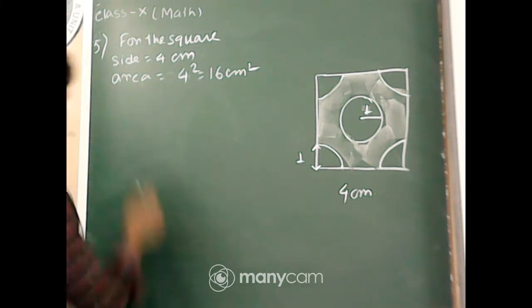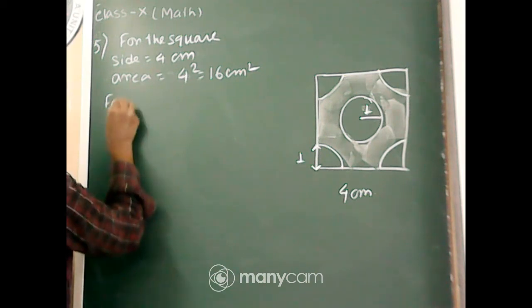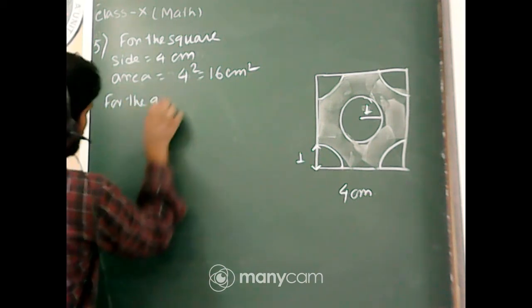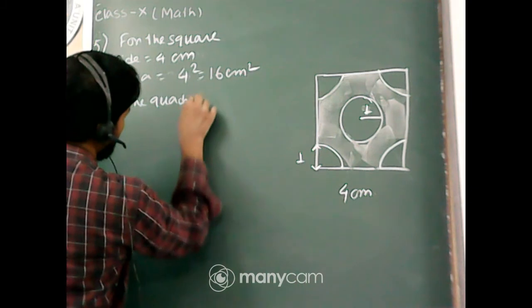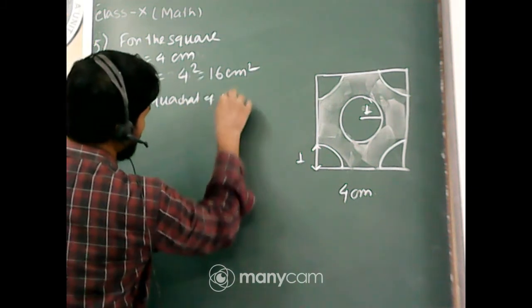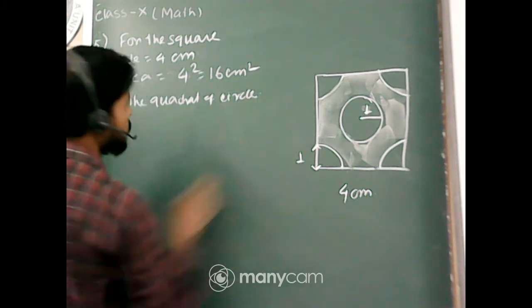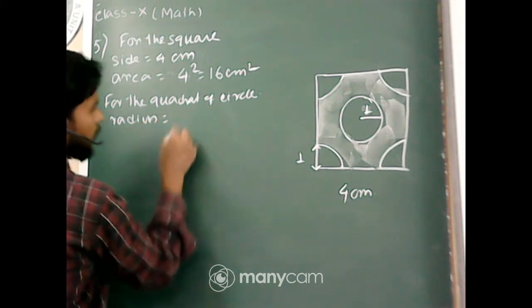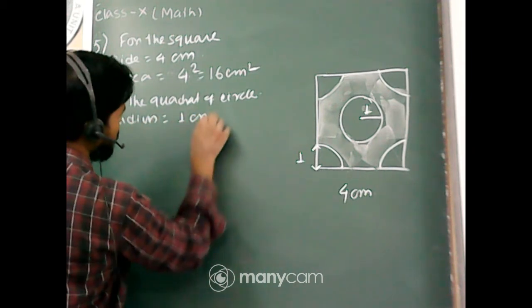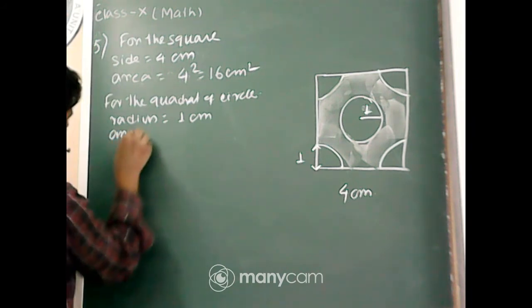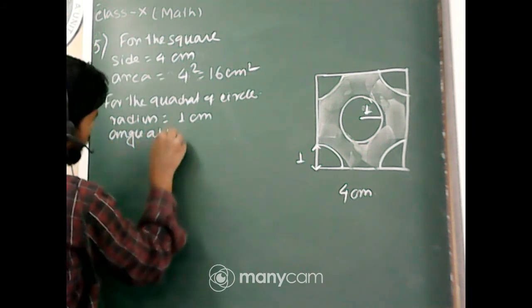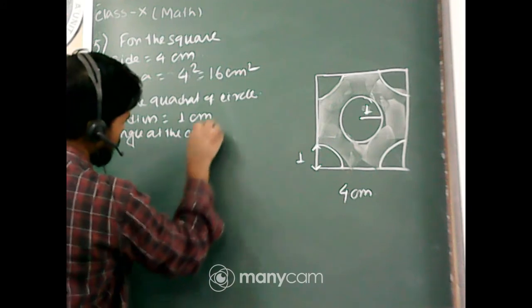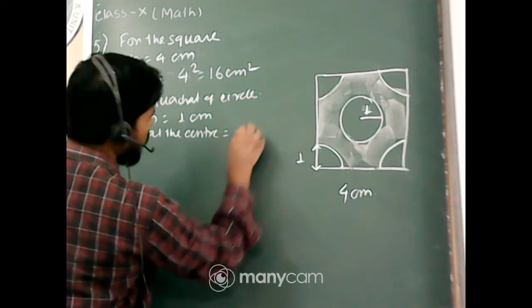Now for the quadrant of the circle, radius equal to 1 centimeter and angle at the center is equal to 90 degree.